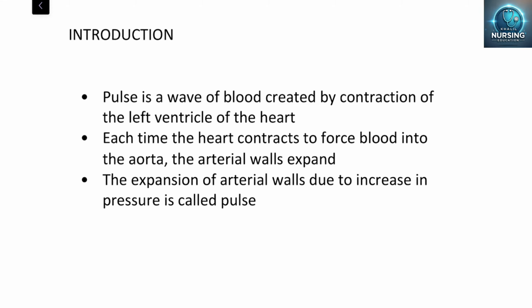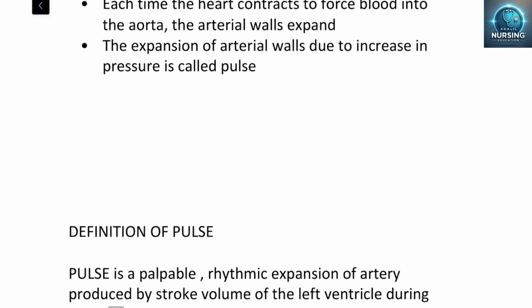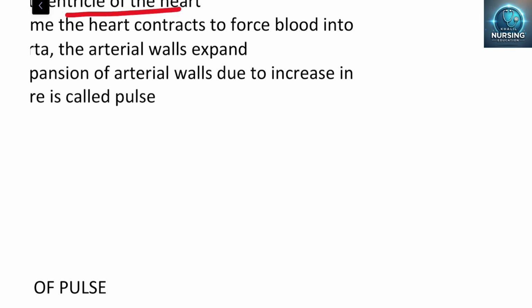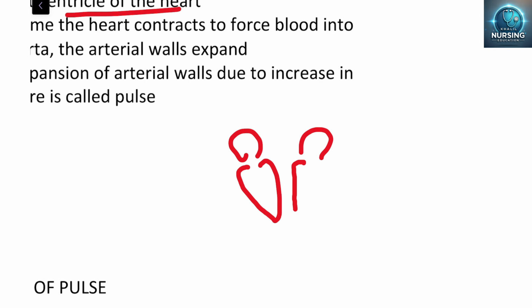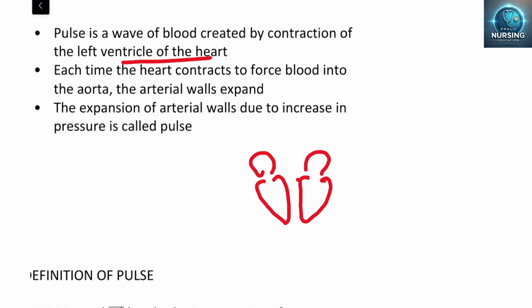Pulse is a wave of blood created by the contraction of the left ventricle. Here, this is the right auricle, this is the left auricle, this is the right ventricle, and this one is the left ventricle. From the left ventricle, the aorta goes out, isn't it?